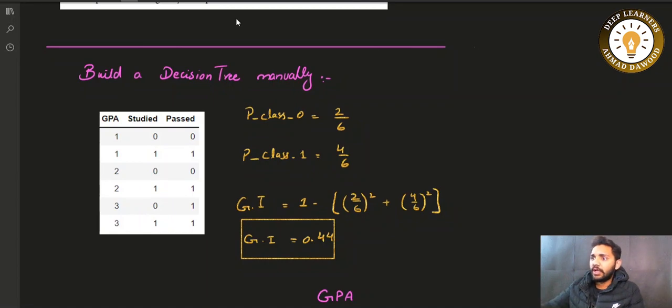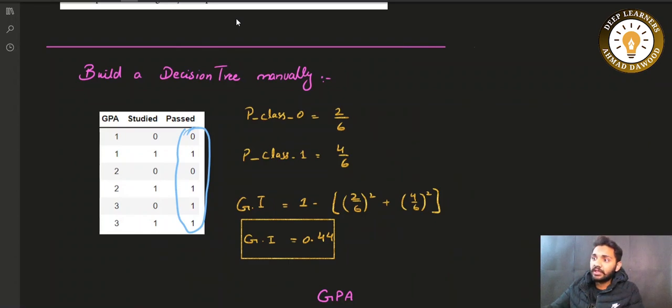First of all, as I told you, we have to calculate the Gini impurity of our target column. We always calculate the Gini impurity of the target column, and at the start we have all the samples.